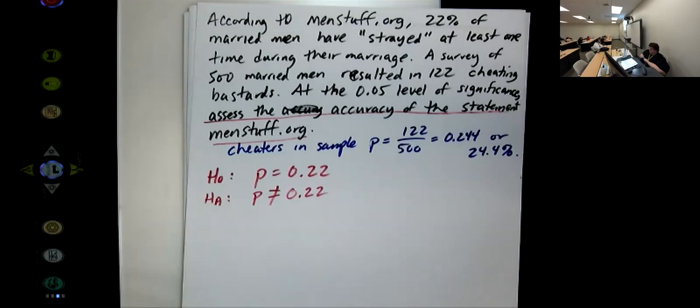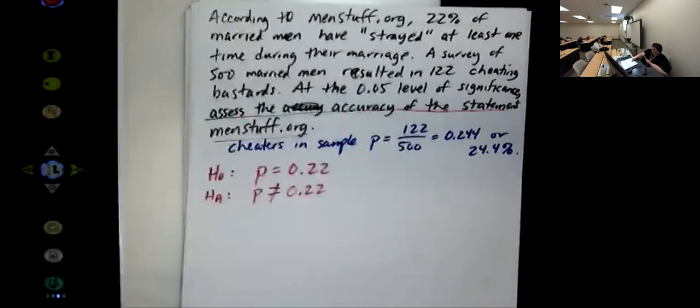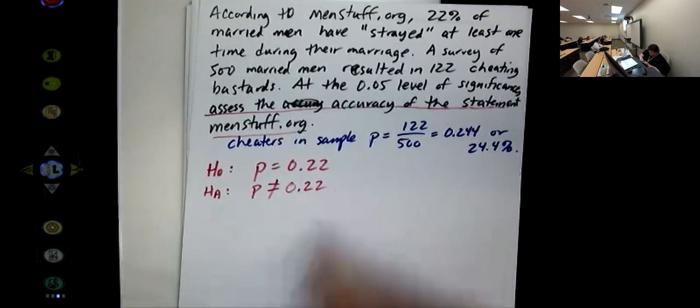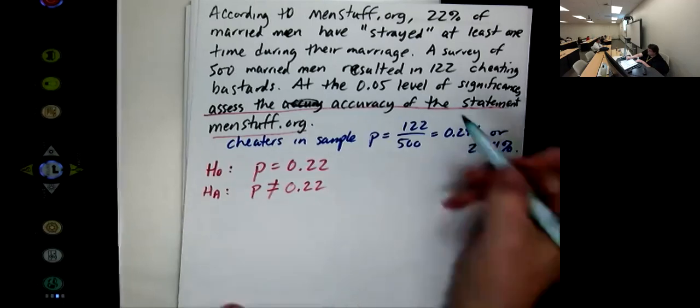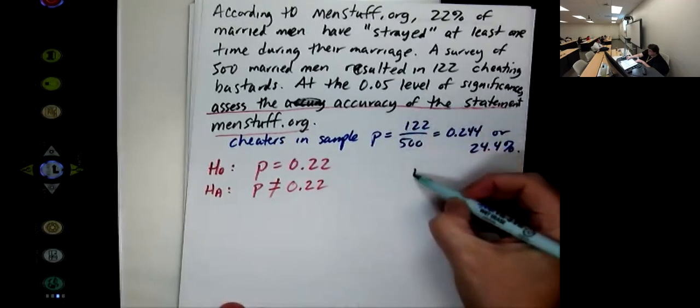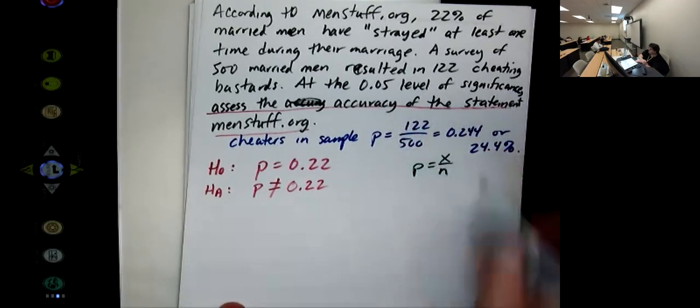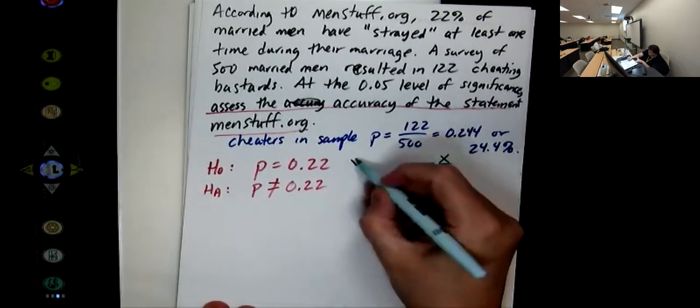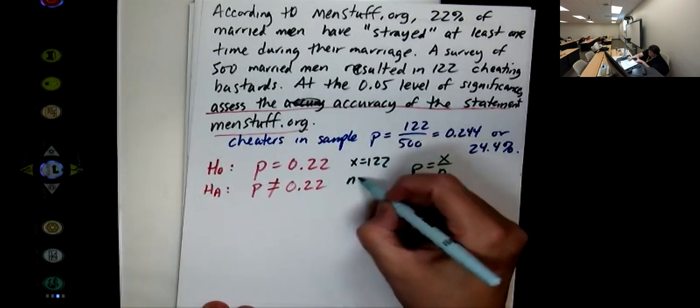So we now have our H naught, we now have our HA, we know what we're going in. Those are what we're going to need to put in. We also needed to put in an X and an N. But P, remember, is X over N. So X is 122 here. And N is 500.